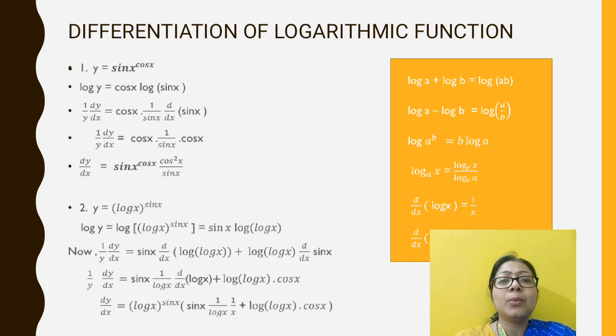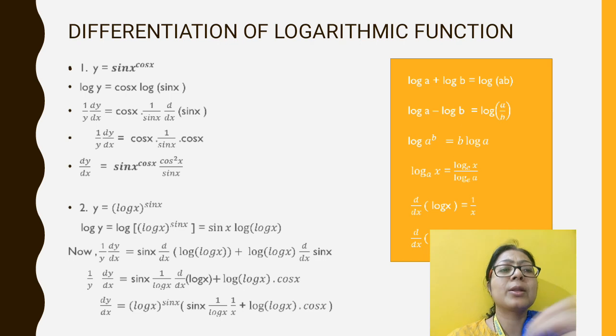Now the left hand side is 1 by y dy by dx, and on the right hand side again the product rule: sin x times the derivative of log x plus log of log x unchanged times the derivative of sin x. The previous one should also be done the same way. The second term was missing there.